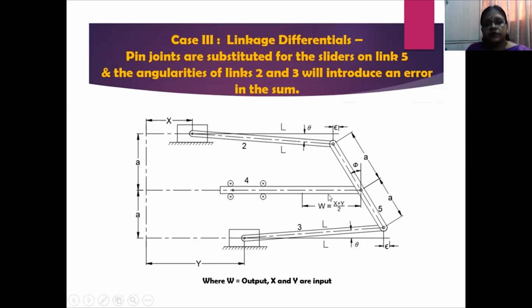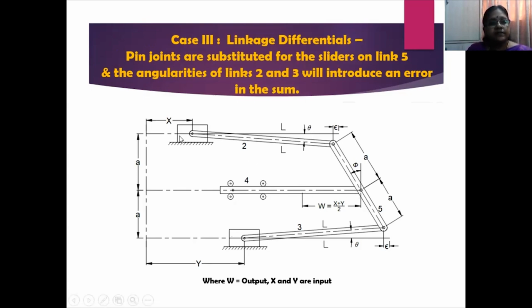However, because of the pin jointed link 5, there is flexibility in link 2 and link 3 for a rotational motion to happen here. Now link 4, which is the output link, is again pin joined to link 5.